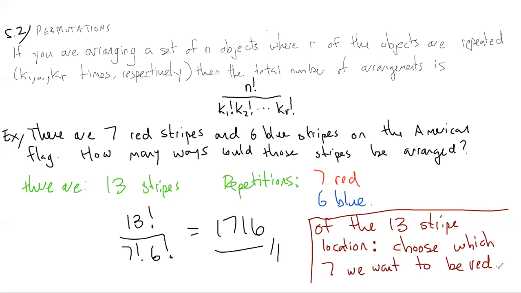In this case, the objects would be the 13 stripe locations. They are all different locations. But what we want to do is choose a collection of them. And in this case, if we choose them and paint them all red, it doesn't really matter what order we choose them in, because once we paint them all red, no one's going to know which one we did first. So the word choose is going to be really different from the word arrange. Choose is going to imply that order doesn't matter, but this is a different way that we could view this exact same problem. And it's going to lead into the formula that we'll see in the next section.